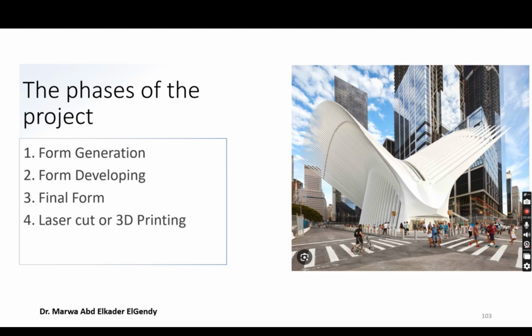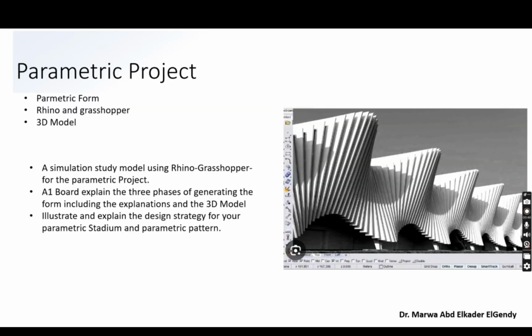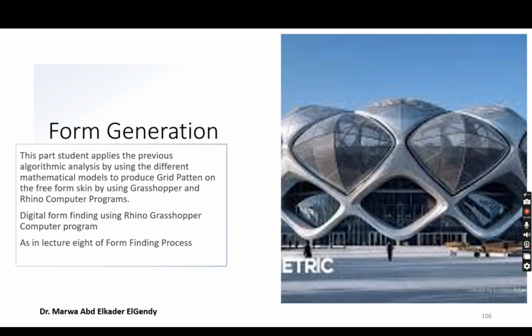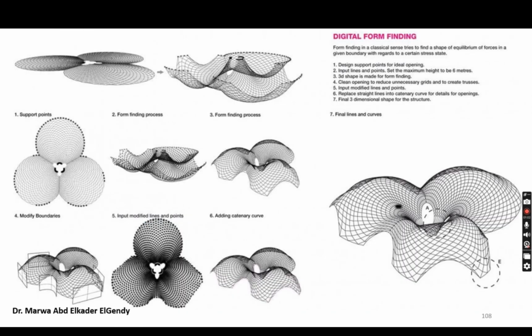We will start with the form generation, then the form development, and the final form for Santiago Calatrava's parametric project, using Rhino and the 3D model. We will take a simple shell today and then we will complete the form.